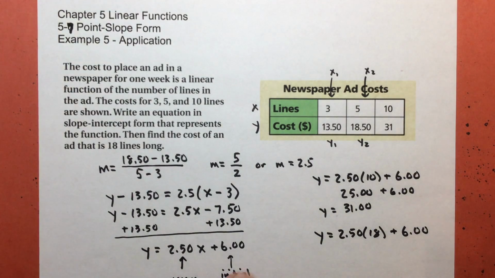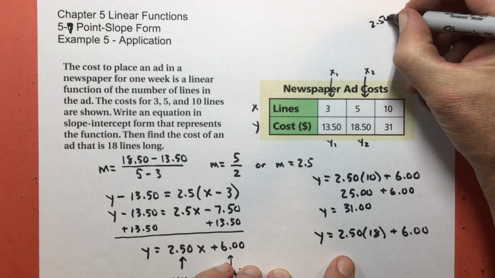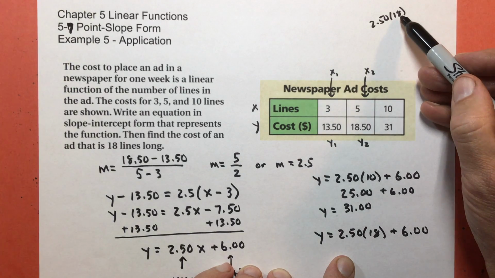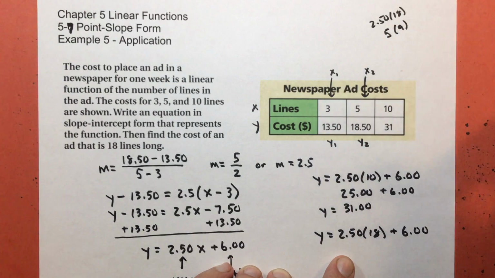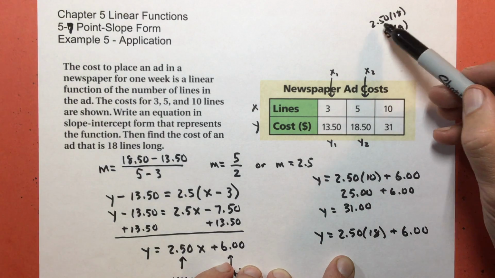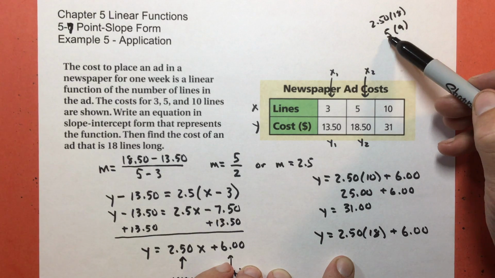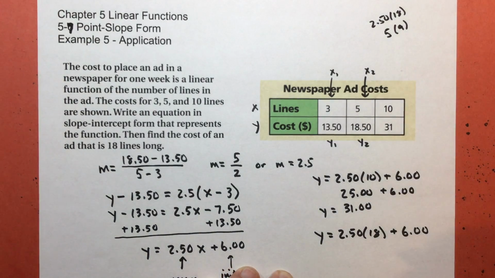One way you can think of it, I'm going to put it up here. 250 times 18. If I double this and half that, now I've got 5 times 9. See what I did there? Because I got 2.50 18 times, so that's the same as having 5 9 times. And 5 times 9 I can do. That's easy. If you want to grab a calculator, if you don't believe me, that's fine.